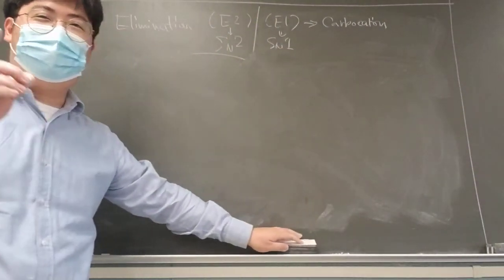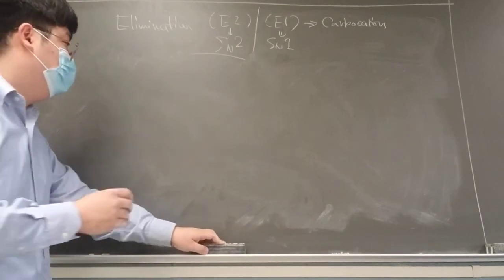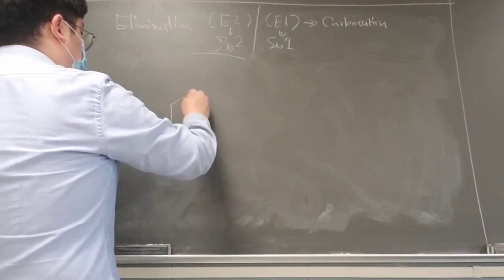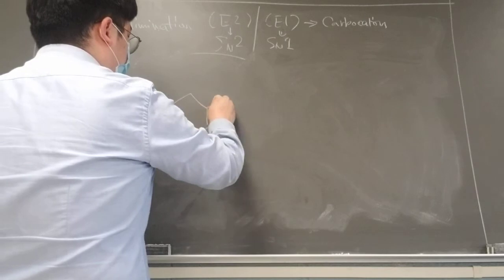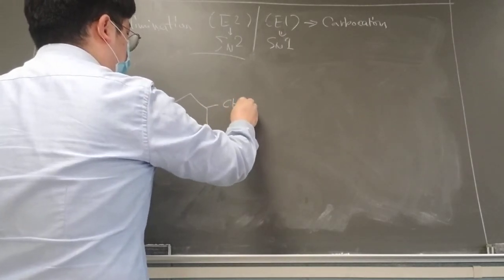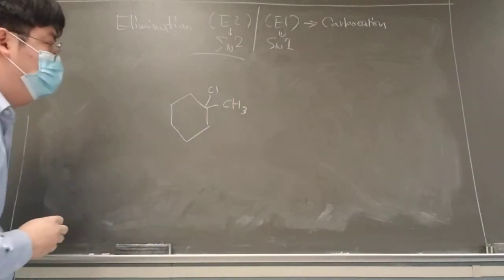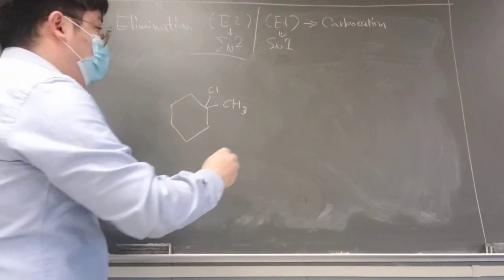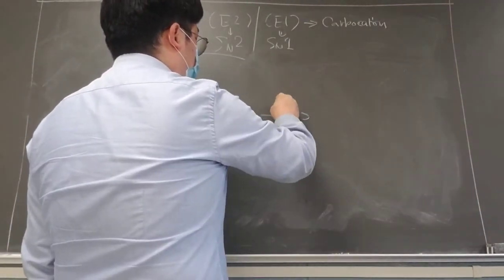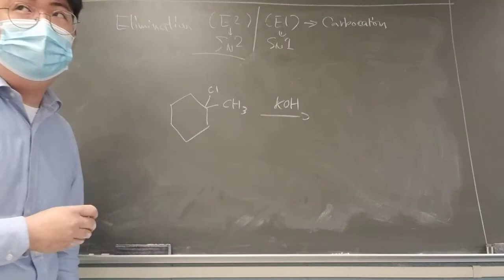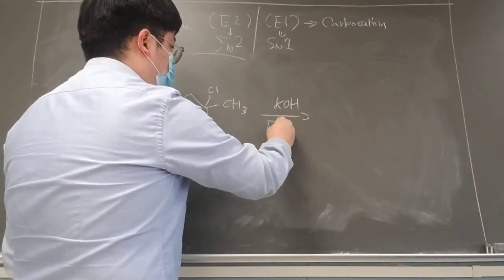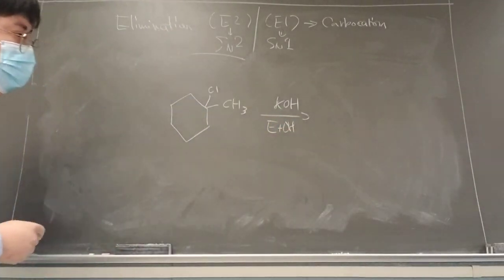Let me give you one more example. We're almost done, I promise you. We have this one over here, and then we treat it with potassium hydroxide and ethanol. So here's the thing.